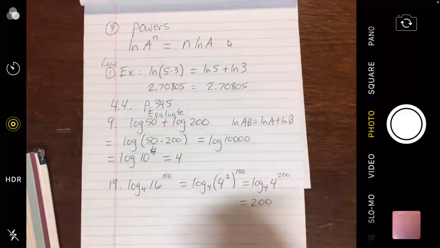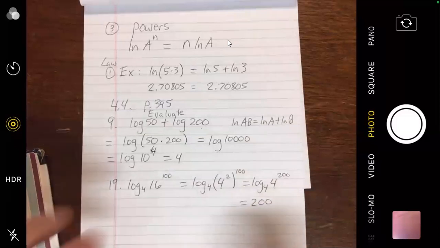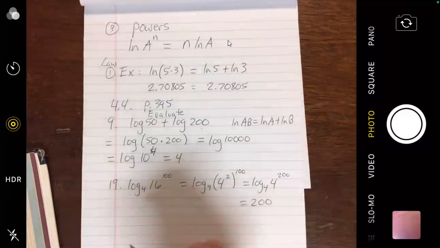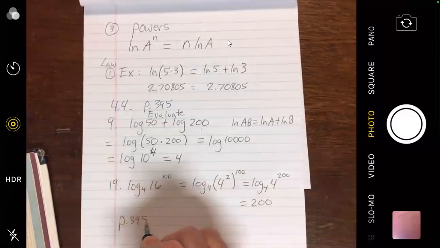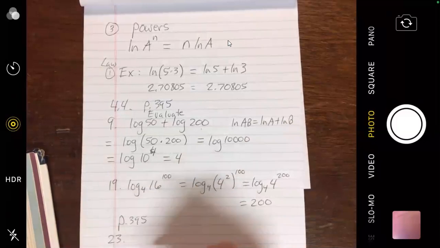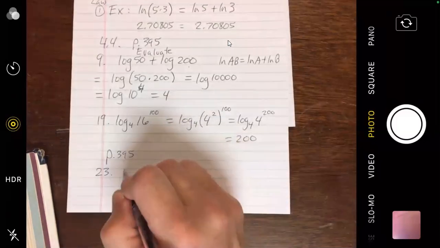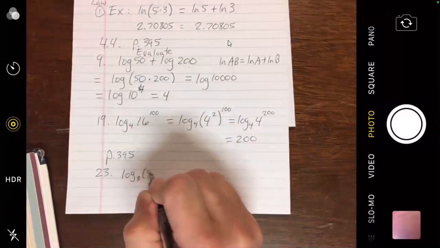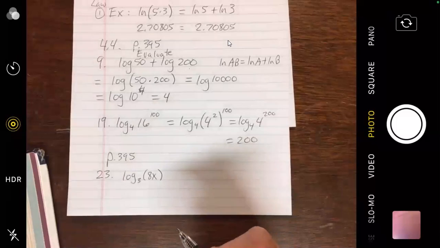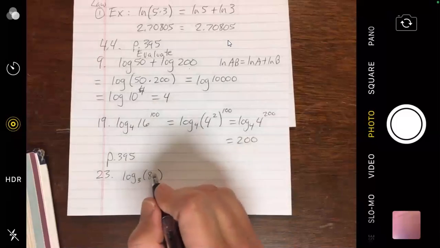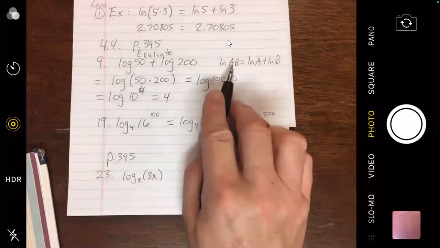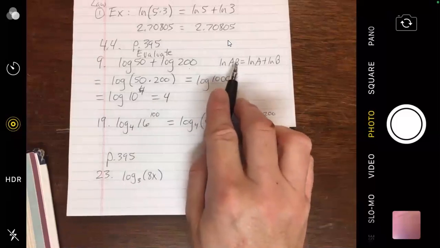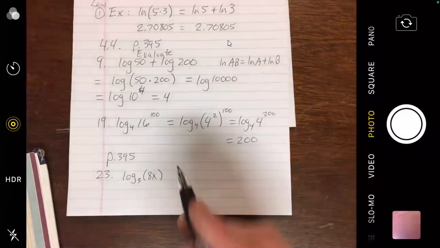All right, from 23, the last two sections, you get into some algebra of this. Still on page 395. You can try one like 23. My delay has gotten much shorter, thank goodness. Okay. Again, this is like your A, this is like your B from up here, 8x, so log of 8 plus log of x.